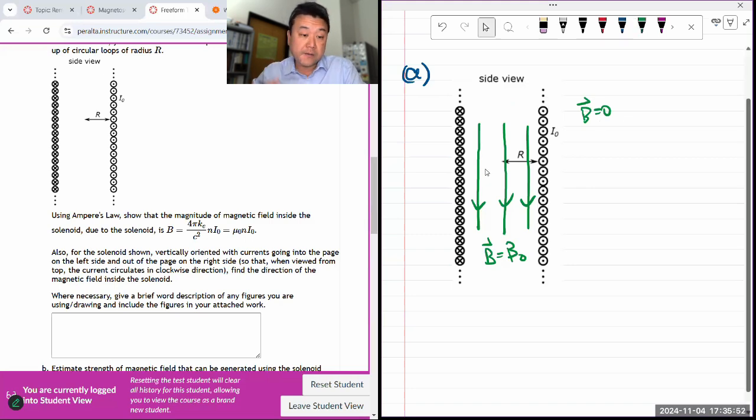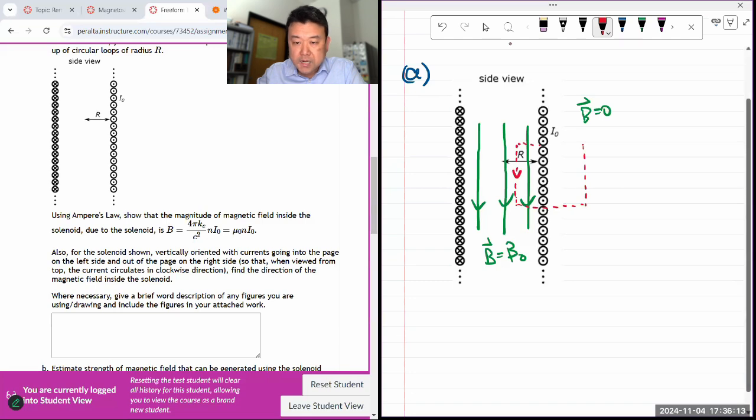But I need a rough sense of the direction of the magnetic field so that I can choose the Amperian loop in a way that exploits the symmetries in the setup. And that loop looks like this, going in this direction in the dotted red line.